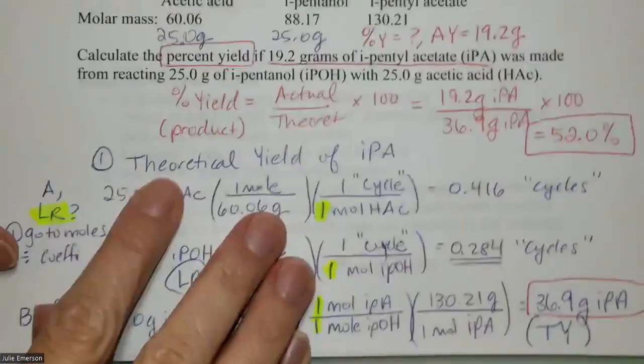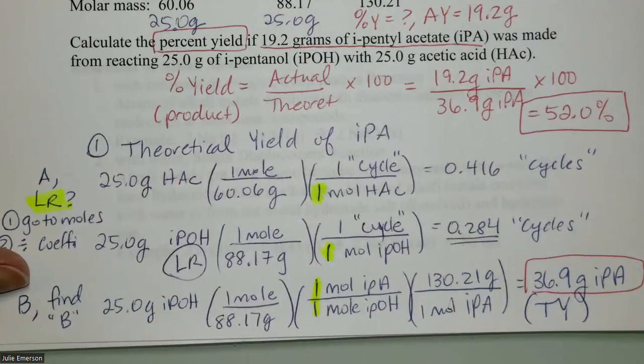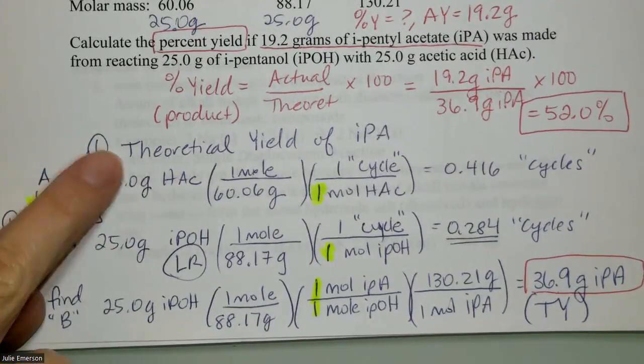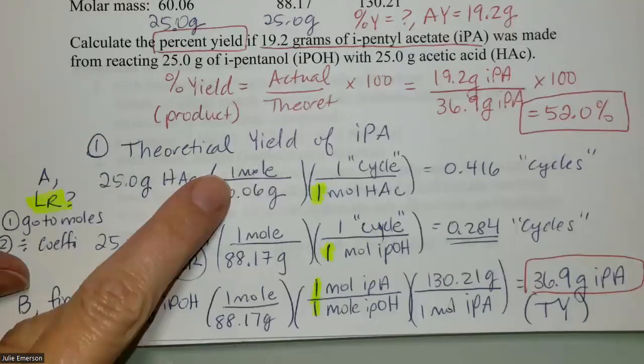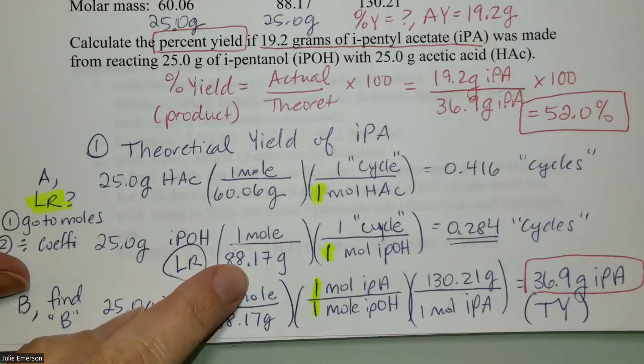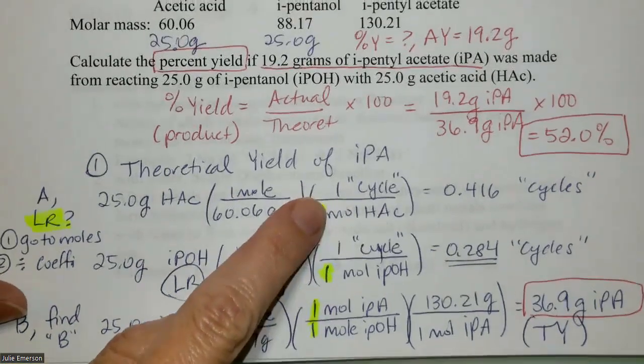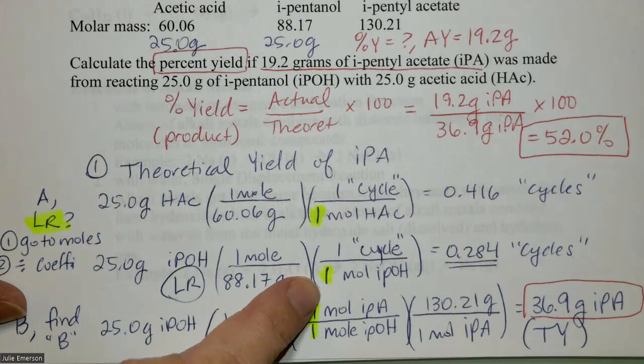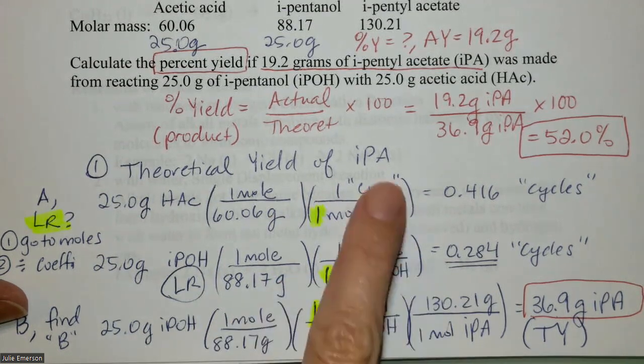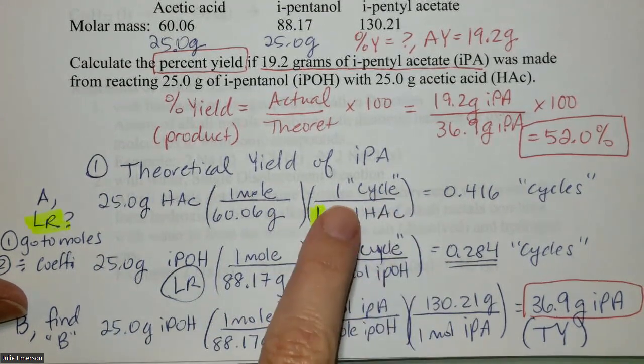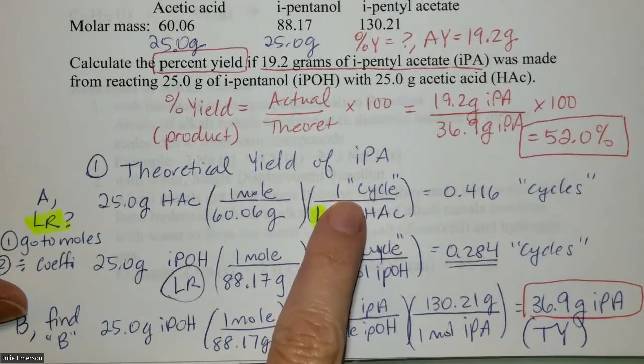This is the other way, though, of doing a limiting reactant problem. You start with the mass of each of those two reactants, divide by the molar mass to get to moles, and then divide by the coefficient from the balanced equation. What's weird here is this isn't really a unit. You just basically are putting 1 in the numerator, which a lot of students don't like, and I don't blame you. I didn't like it either.